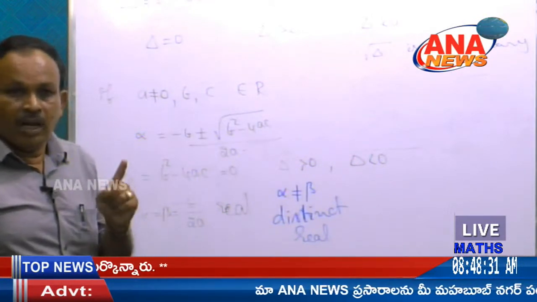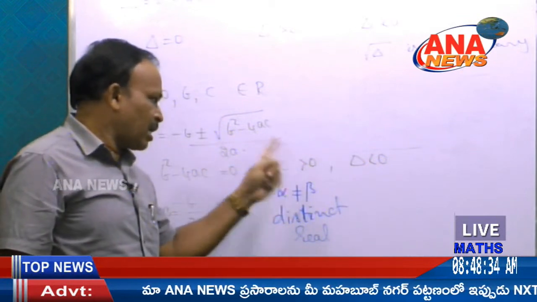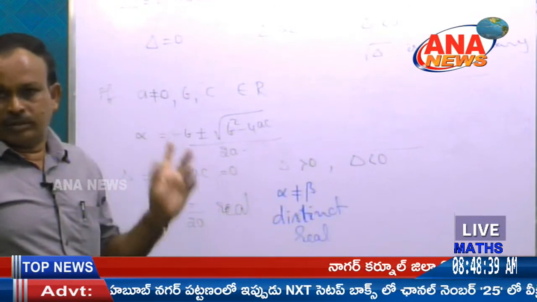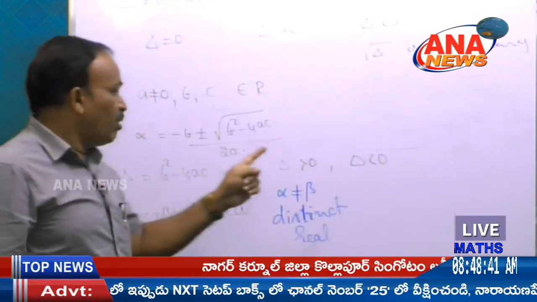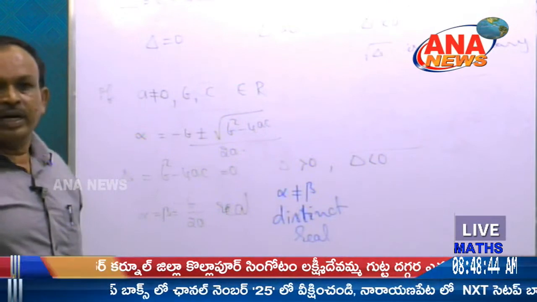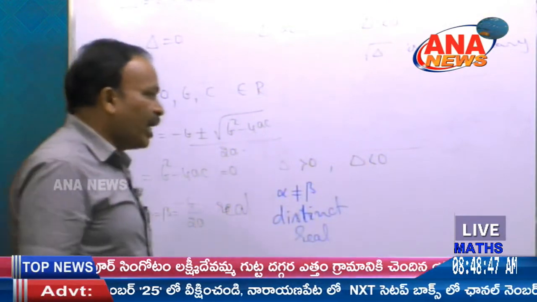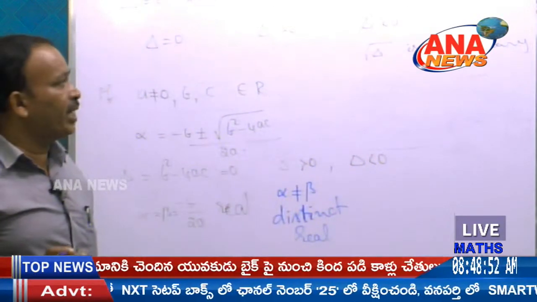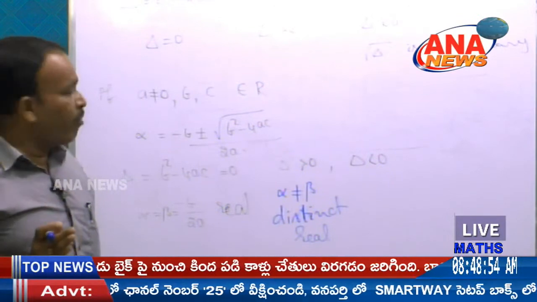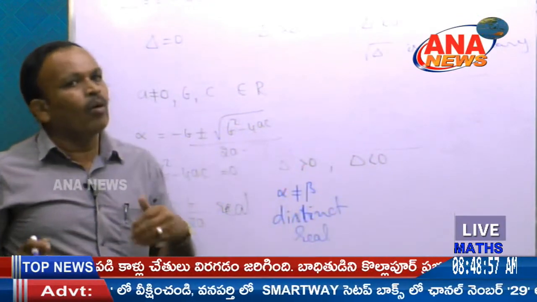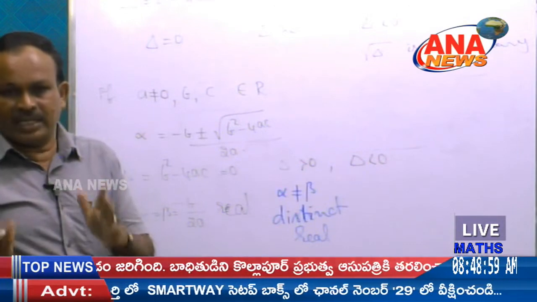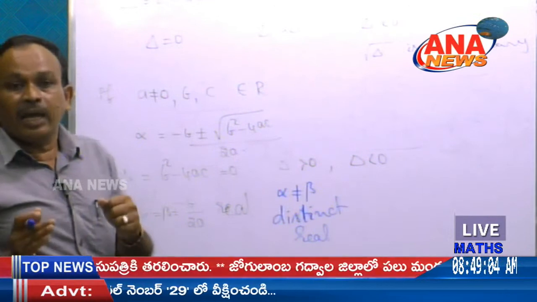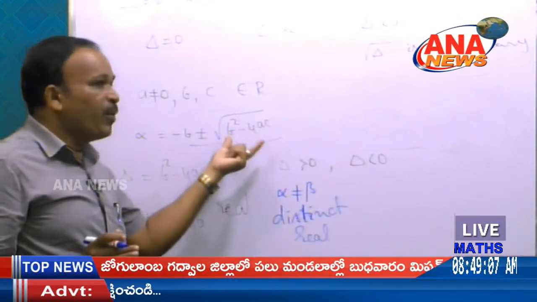If delta is less than 0, that is, b square minus 4ac is negative, then root over a negative value is imaginary. Root over b square minus 4ac is imaginary.